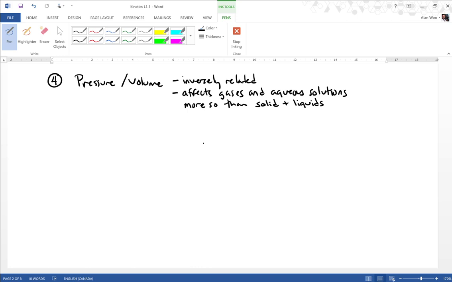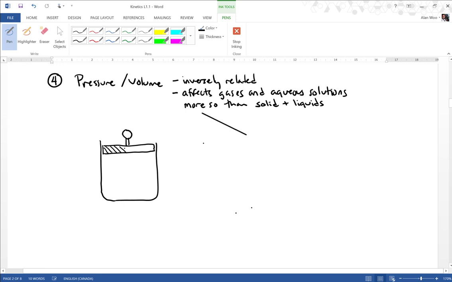solids and liquids. So if we look at an example here, some of you might remember this from grade 11. If we had a little container and we put a piston, or essentially a lid, on top of it, and if we had some gases that are already inside, so let's put some gas molecules in here.